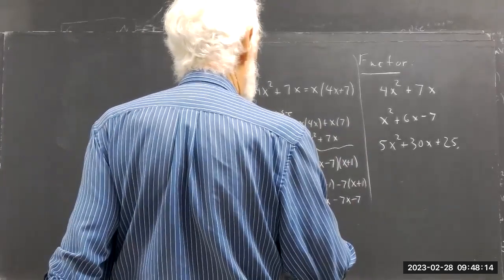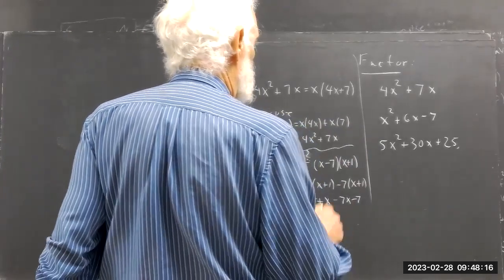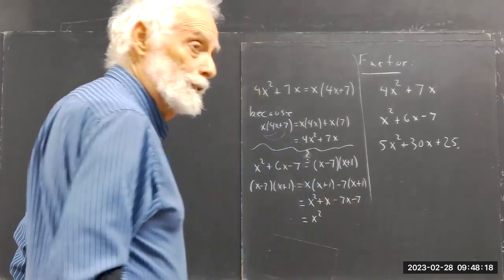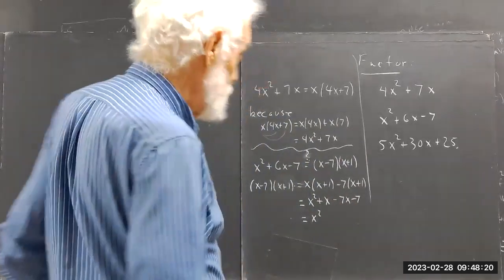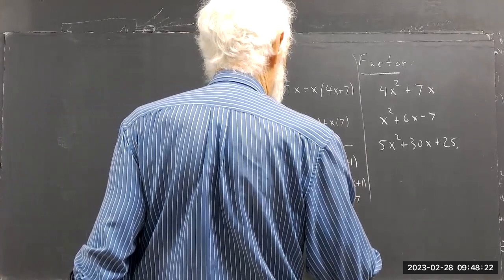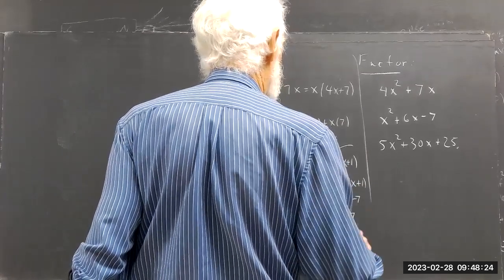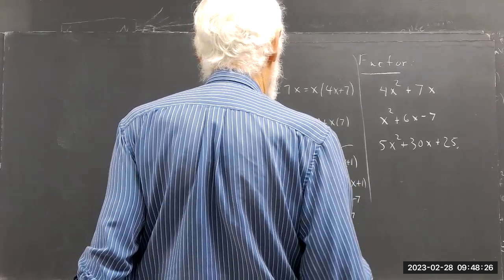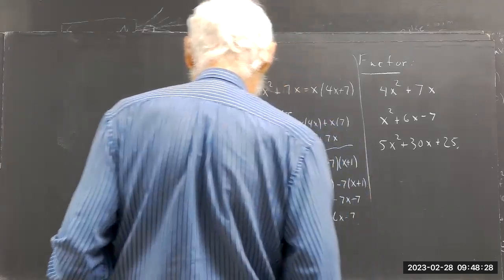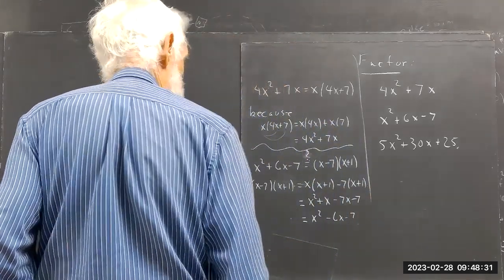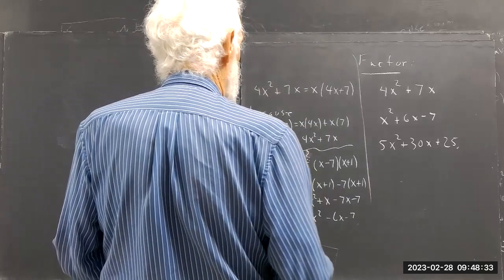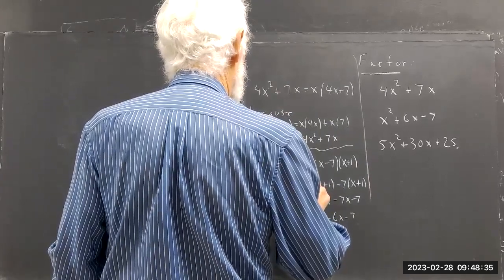And then that equals x squared. Well, plus x and minus 7x is negative 6x. You have minus 6x minus 7. And this is not equal. So I'll put a question mark on my equal sign.